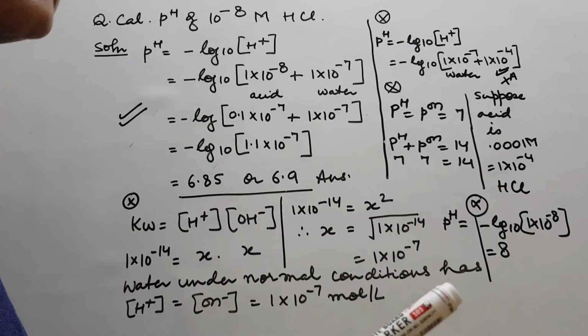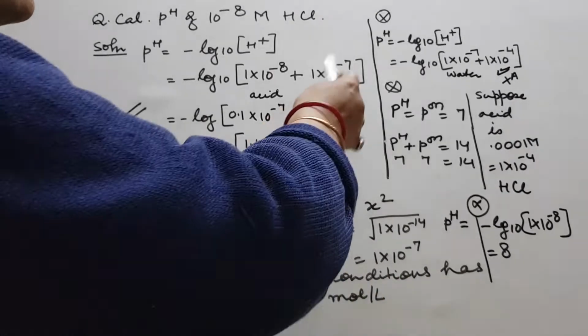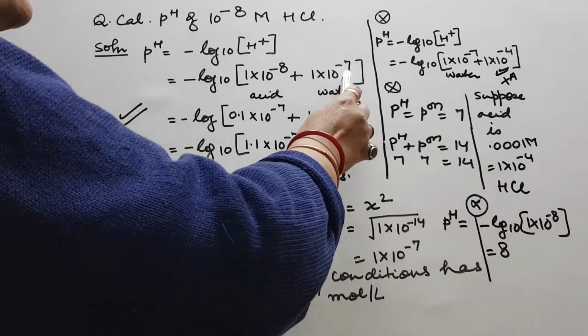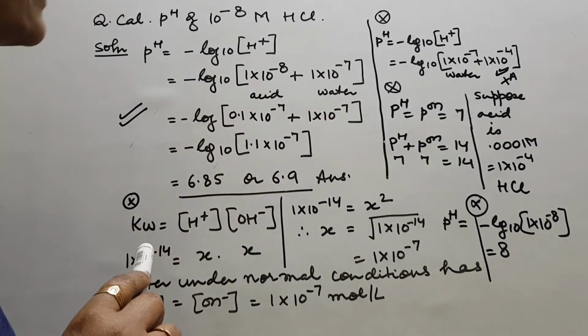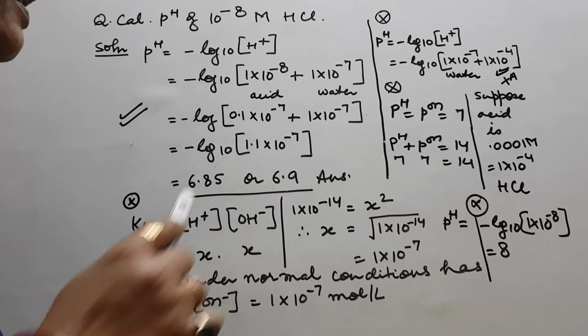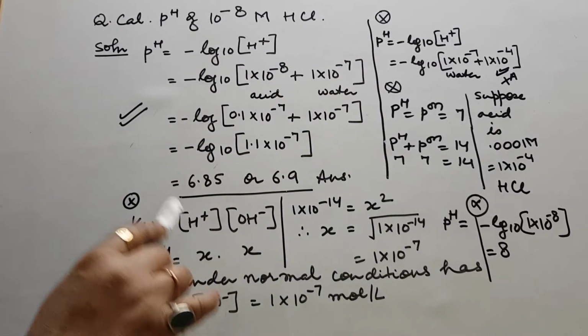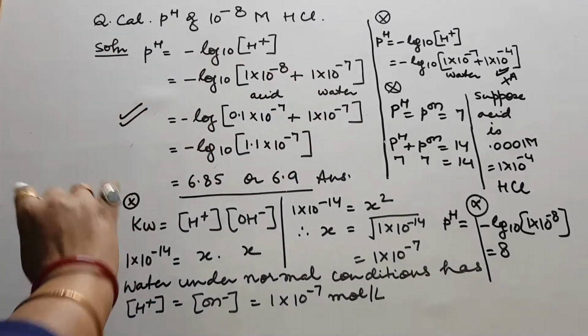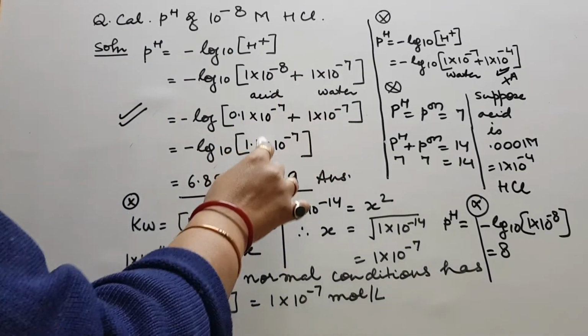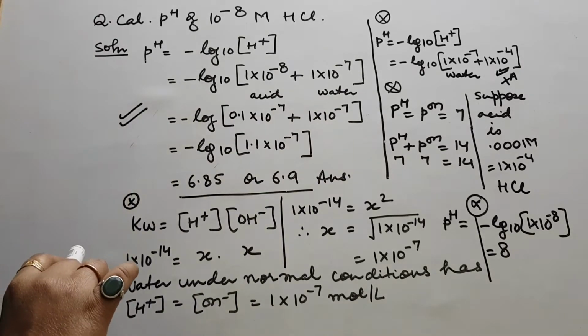So which logic says, which concept says that you ignore this? Under no condition we can ignore this H plus coming from water. No, not at all. Since we have to consider, we cannot ignore because this is much more than this. Hence, we have to incorporate both the values and then you have to calculate.